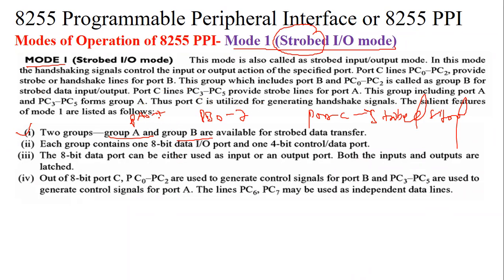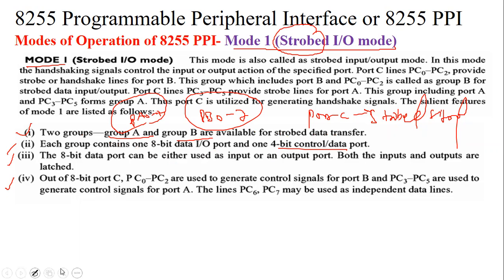In this mode, only two input output devices can be connected, one at port A and one at port B. These are some salient features of this device. Each group contains an 8-bit data port and a 4-bit control data port.